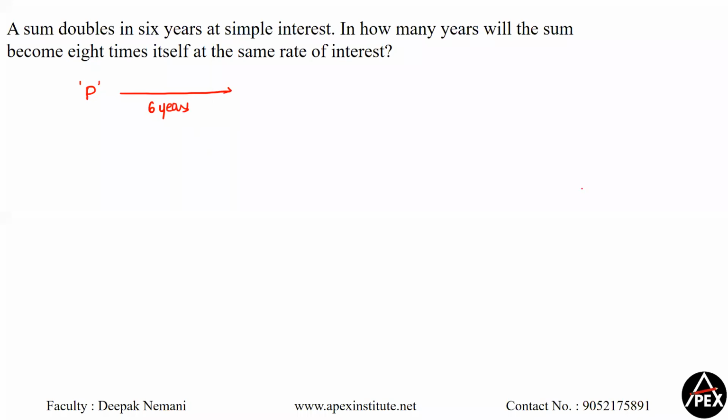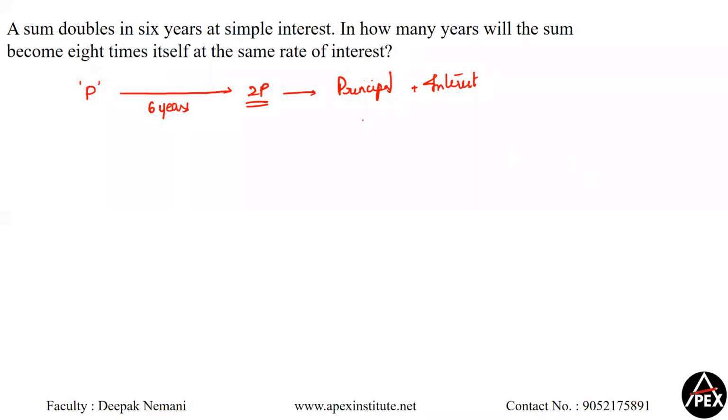According to the question, I have deposited, yeah, 2P, isn't it? Okay. So what is this 2P? 2P is the amount at the end of 6 years, and this amount is equal to principal plus interest, isn't it? Now what is the principal here?